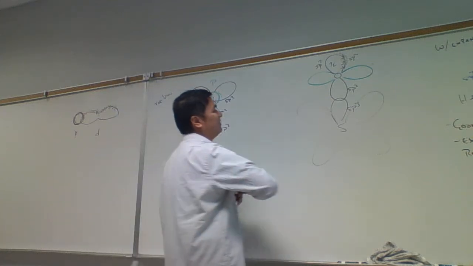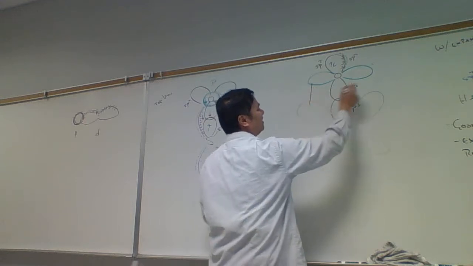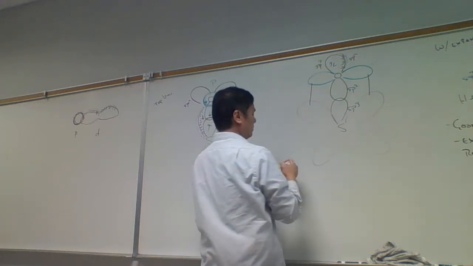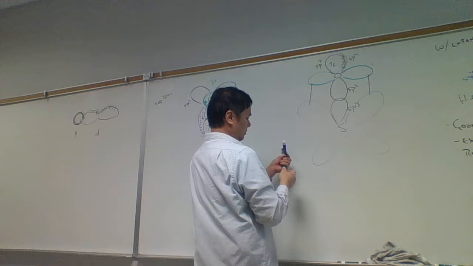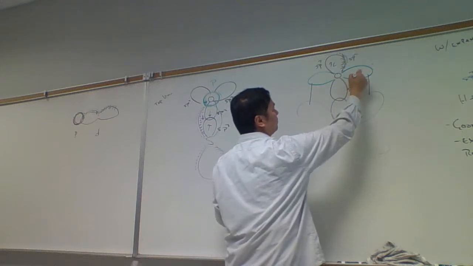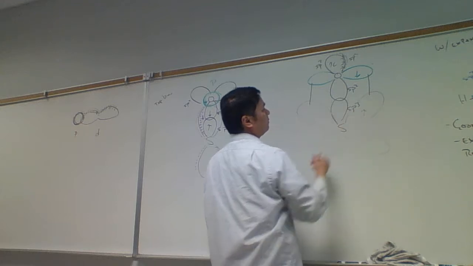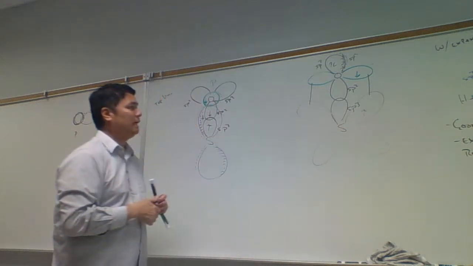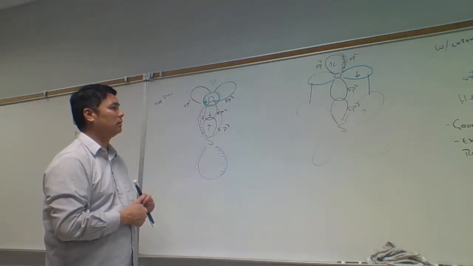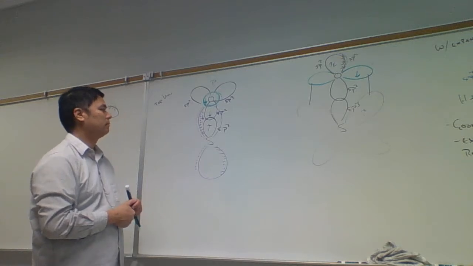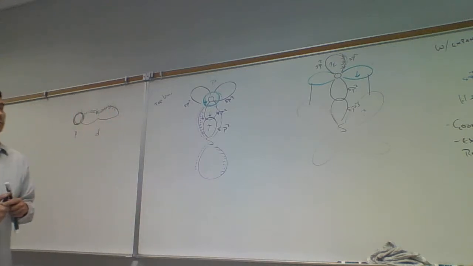And so what we're going to see here is the pi bond right here. Well, we have the p orbital with 1 electron, the d orbital with 1 electron. And so this would be a p-d pi bond here on the side view. Okay, do you see that?